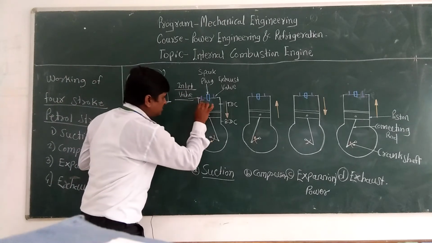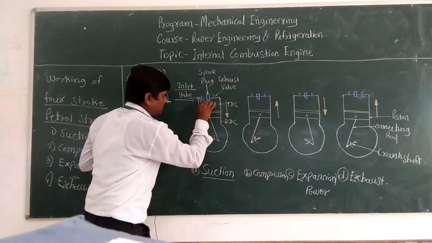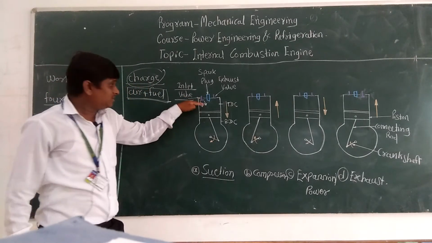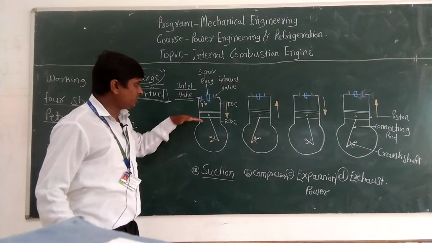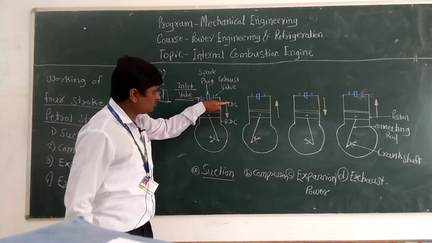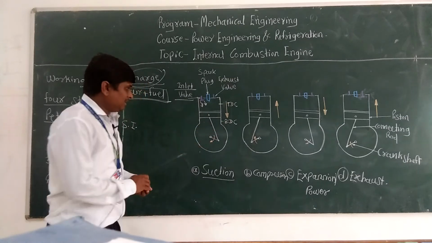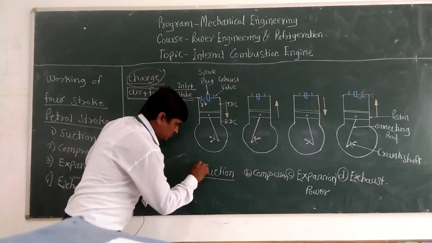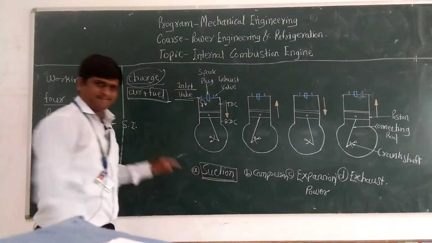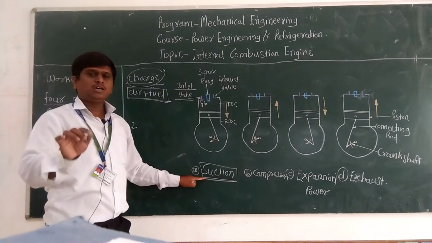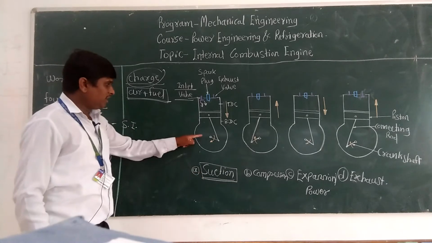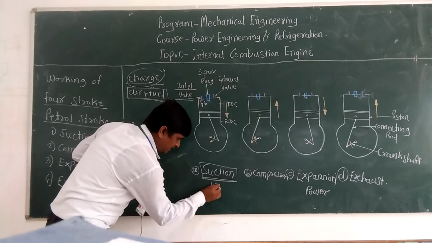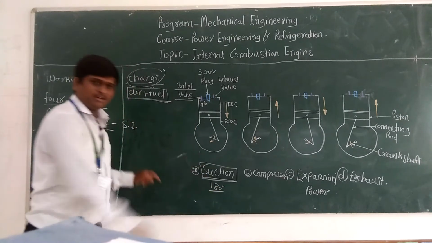As the piston moves from TDC to BDC and reaches the BDC position, the suction stroke is completed. For the completion of the suction stroke, 180 degrees of crank rotation is required.